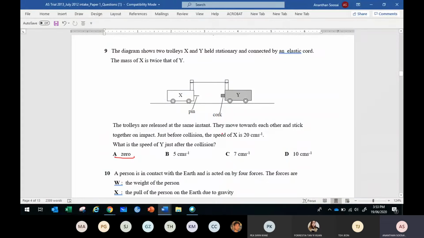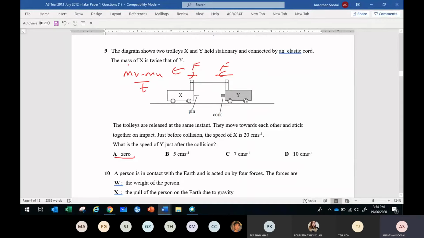More answers, please. Because it is pulled by the same force. Because the same elastic cord pulls them with the same force. Therefore, force is the rate of change of momentum.